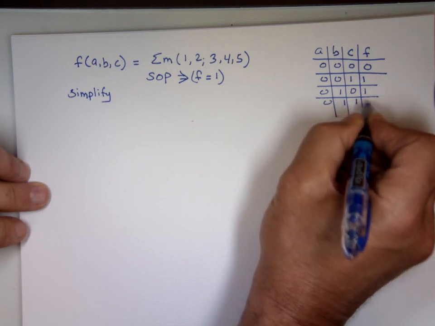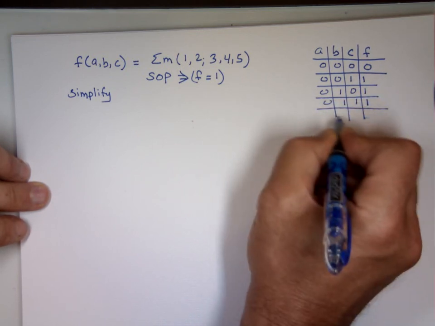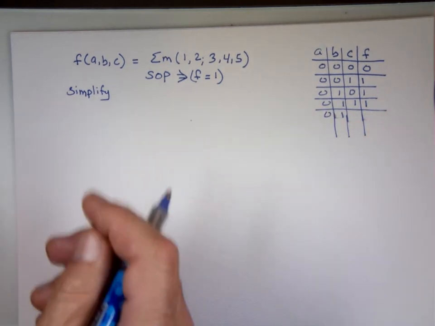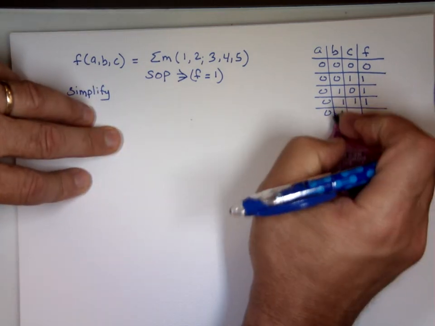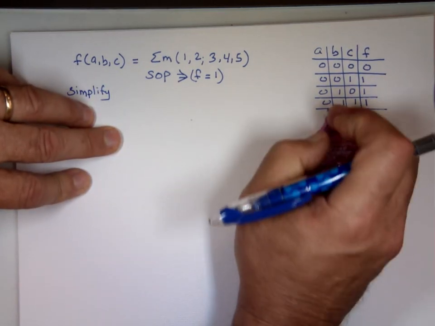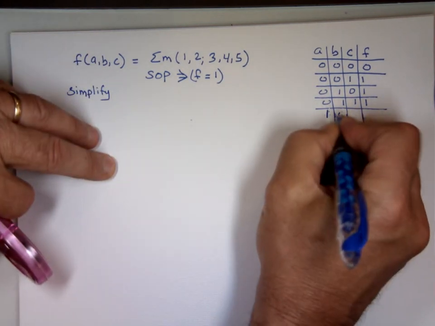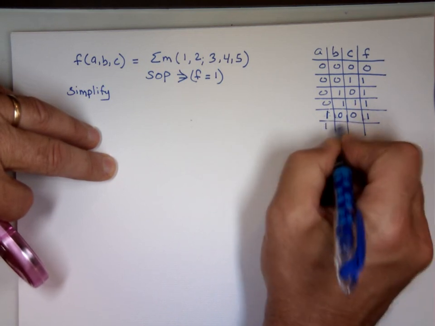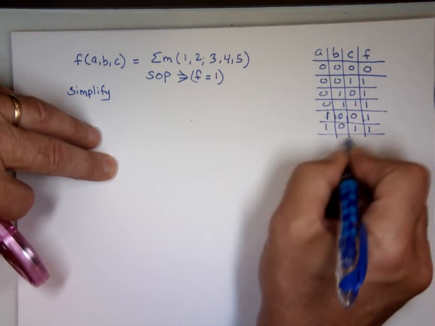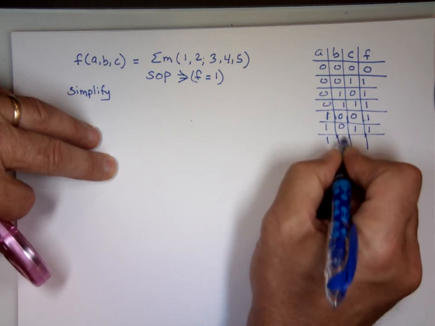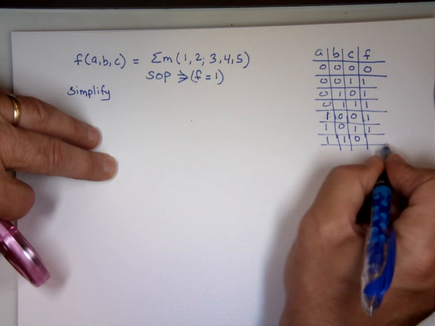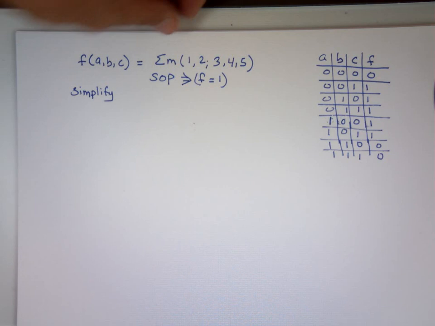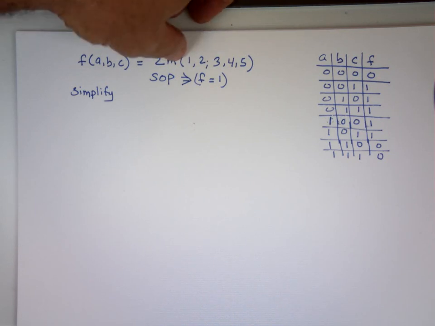That's 3. 1, 0, 0, that's the 4, F is 1. 1, 0, 1, that's a 5, F is 1. 1, 1, 0, that's a 6, F is 0. And 1, 1, 1, that's a 7, F is 0. So when you see it written like this, the sum of minterms, a minterm is an AND, a product.